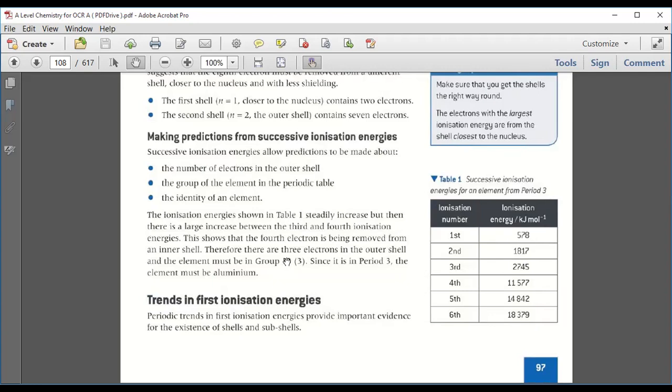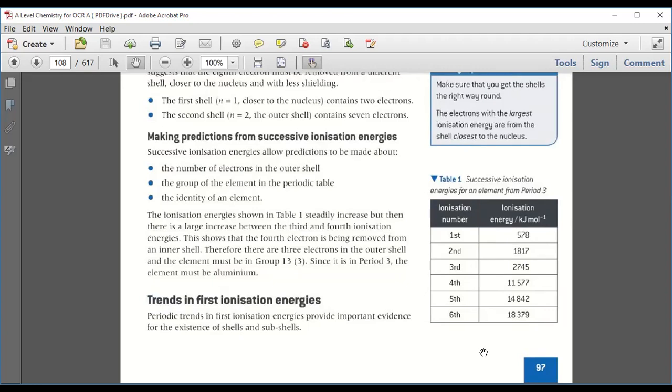Because in this case we have the 1st, 2nd, 3rd up to the 6th energy, and that is also very high. It can be more. So this is 2, 8, 3. 2, 8, 3 means third period. The number of shells will give you the period. 3 shells are there, it means the period is 3.